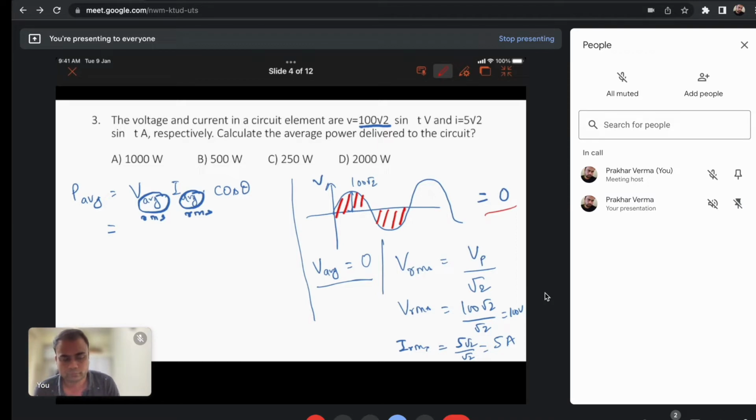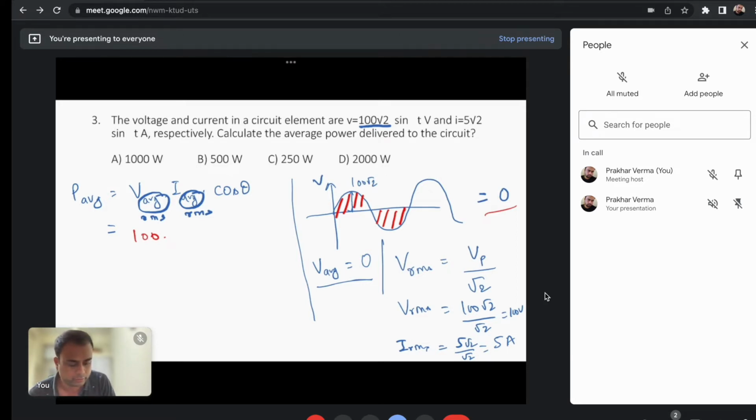Now we are just substituting these values here. The RMS value for voltage is 100, and similarly the RMS value for current is 5 amperes, and cos theta, where theta is the angle between voltage and current.